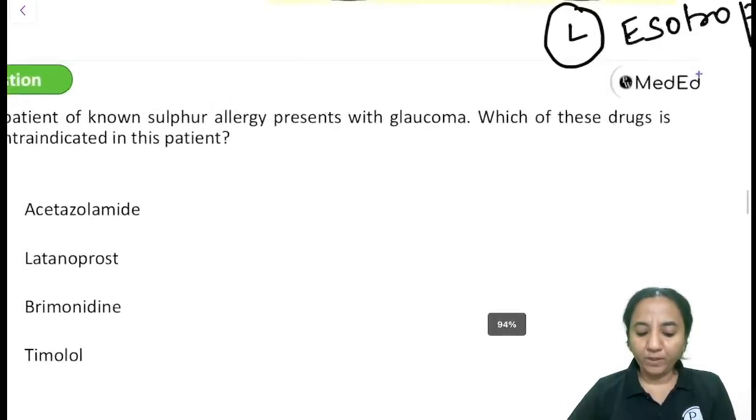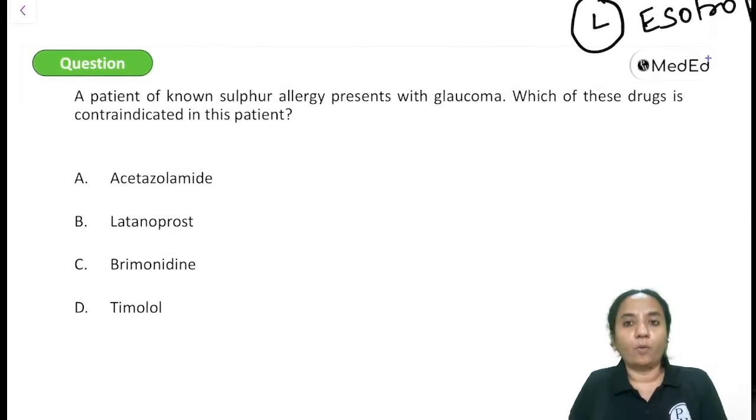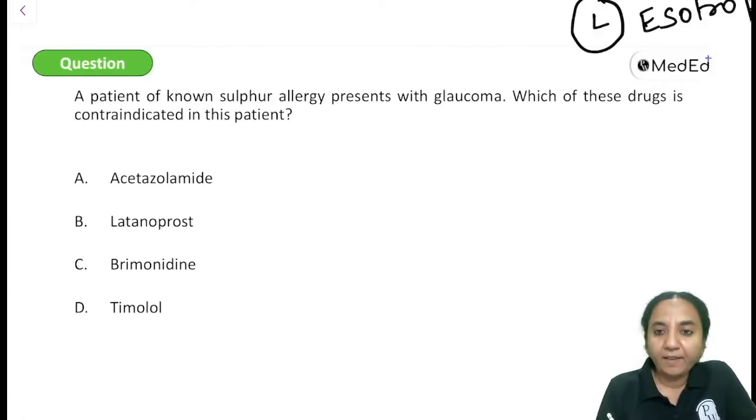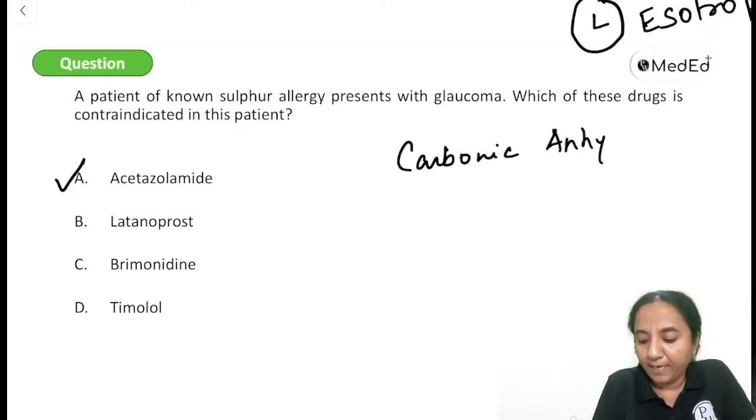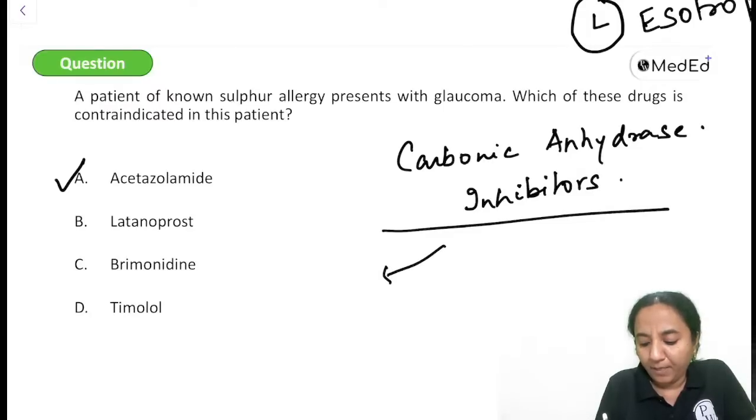A patient of known sulfur allergy presents with glaucoma. Which of these drugs is contraindicated in the patient? The answer is acetazolamide. Acetazolamide belongs to the group of carbonic anhydrase inhibitors, and under the carbonic anhydrase inhibitors we have systemic as well as topical members.